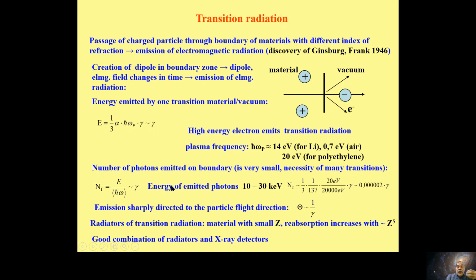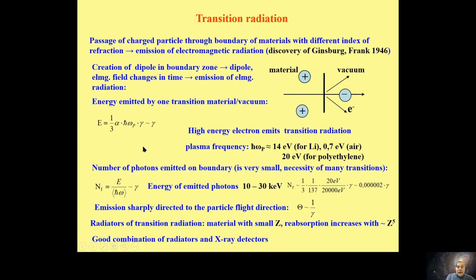And this is the energy which is emitted by this transition. But the energy of the emitted photons is from 10 to 30 keV. Here it is electron volts, here it is keV.